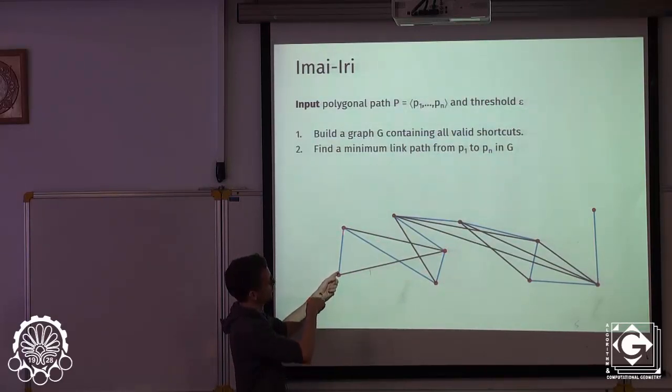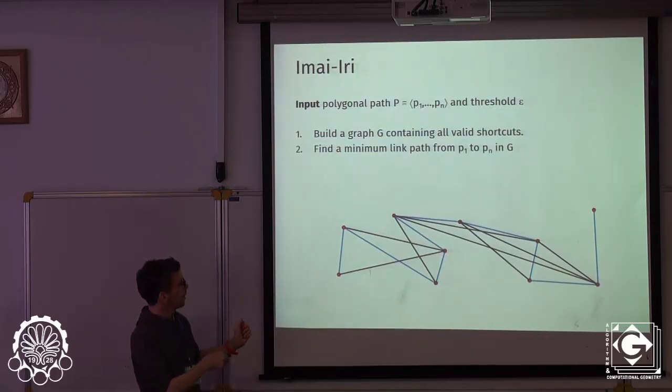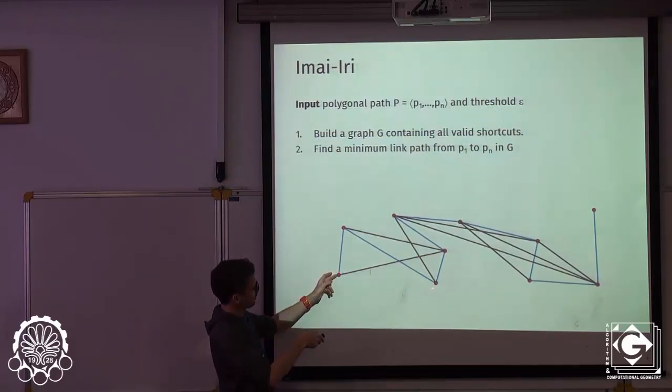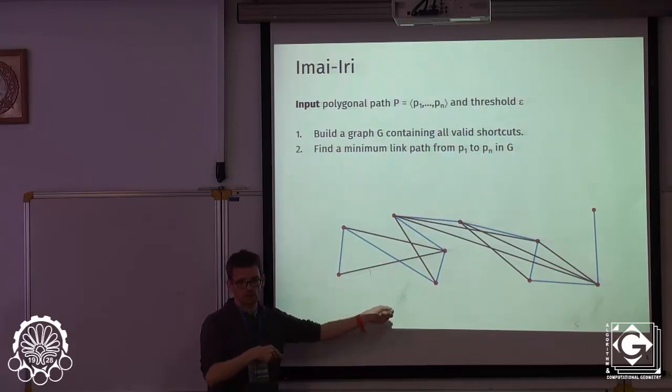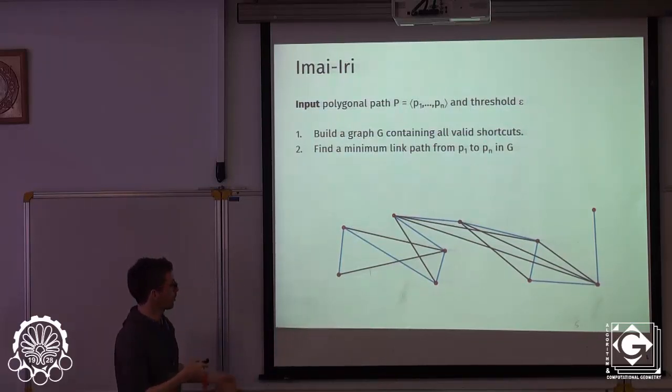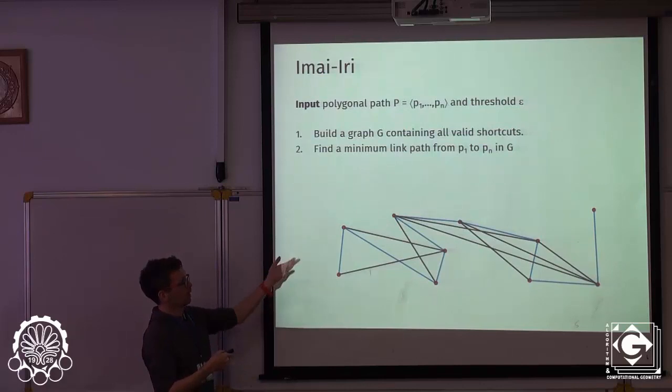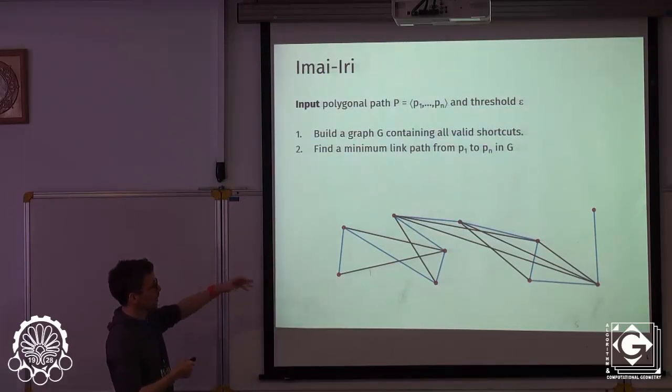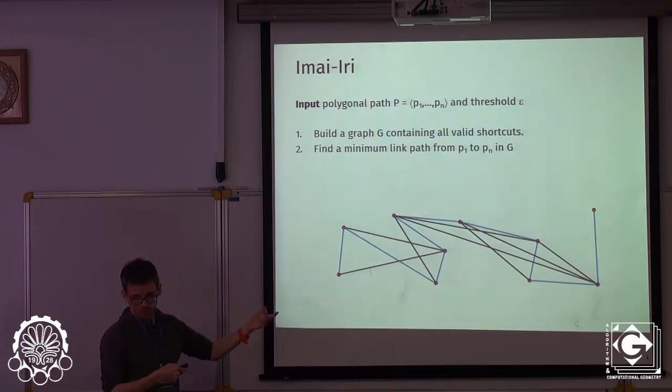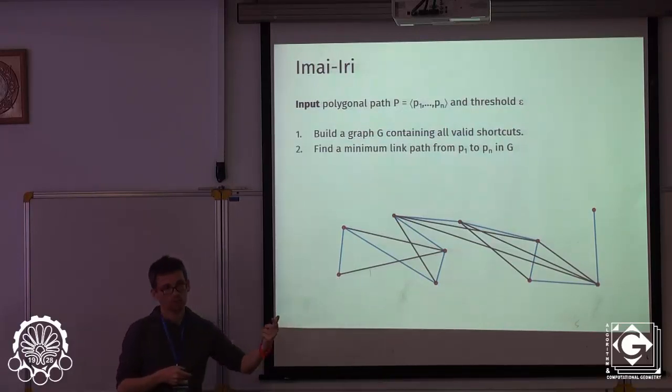And let's say this part is similar enough to this segment, then that's why I'm adding this edge to my graph. But for this pair of vertices, I do not add the edge because this vertex is somewhat too far away, or you could say this curve is too dissimilar from simply taking that segment. So I'm building this graph by, for any pair of vertices, deciding whether the corresponding sub-trajectory is close enough to that segment.